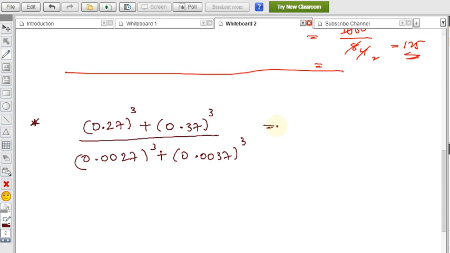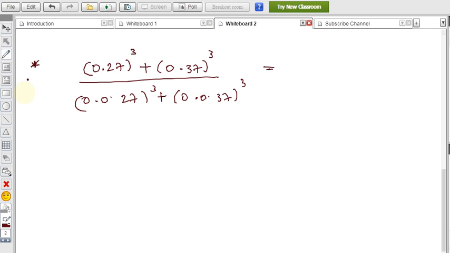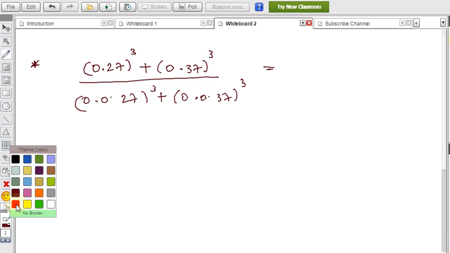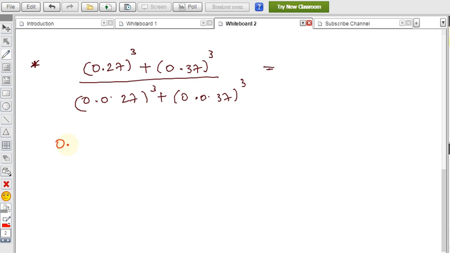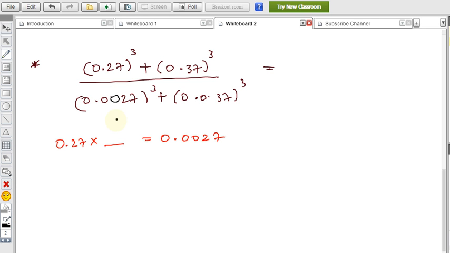We need to find this value. As I explained, we should take the numerator value into something. So 0.27 into something equals 0.0027, that is 0.0027.